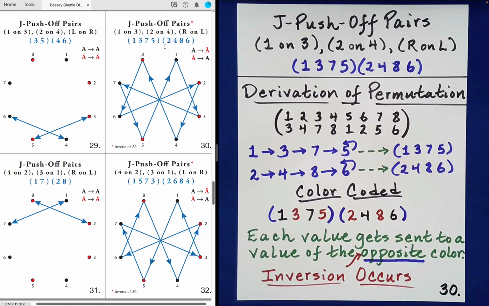So those 4 values, 2, 4, 6, 8, also constitute a second orbit, since they just move around among themselves each time this shuffle is performed. And as we'll see in just a moment, shuffle 30 is the inverse of shuffle 32. Okay, and we'll demonstrate that in just a moment.